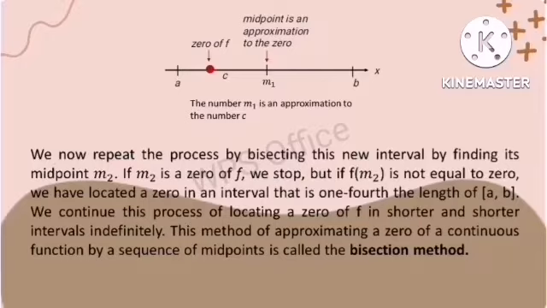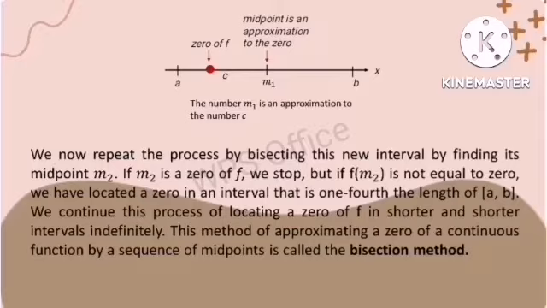Ang bagong interval kay mao na ang [a, m sub 1] or [m sub 2, b], depende sa kung positive ba or negative ang f of m sub 1. Kaya kung ang f of m sub 1 is positive, then we will have the closed interval [a, m sub 1]. Pero if negative, then kanang isa gamiton nga interval. The process of bisecting new intervals will continue until we approximate a 0 in the given function.